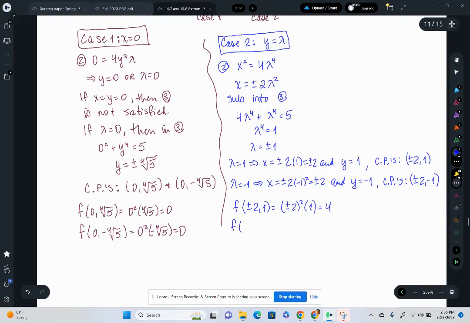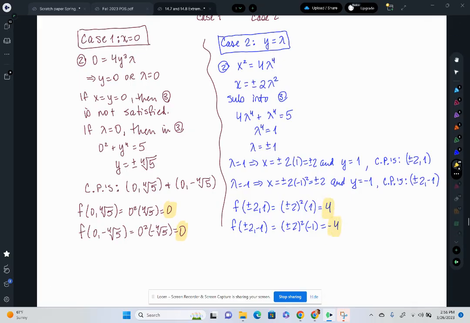And if I look at f of plus or minus 2 with negative 1, that's going to give me plus or minus 2 all squared times negative 1, which gives me negative 4. Sometimes when the points are going to give you identical values with the function, we just plug them in that way. I realize it's a bit unconventional. But what I'm seeing here is 3 values. I've got 0, 4, and negative 4.